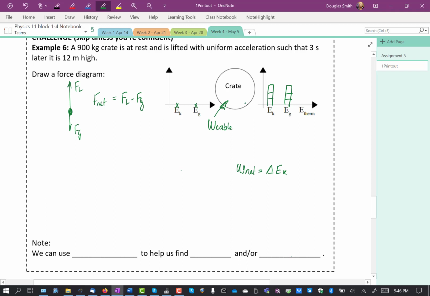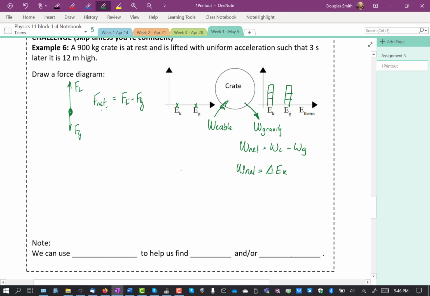So actually, to finish off this bar chart, there's some work coming from gravity. It's coming out. And so work net is equal to the cable minus the gravity. And that corresponds to this as well. The F net is equal to the lifting force of the cable subtracted by the gravitational force of the Earth.